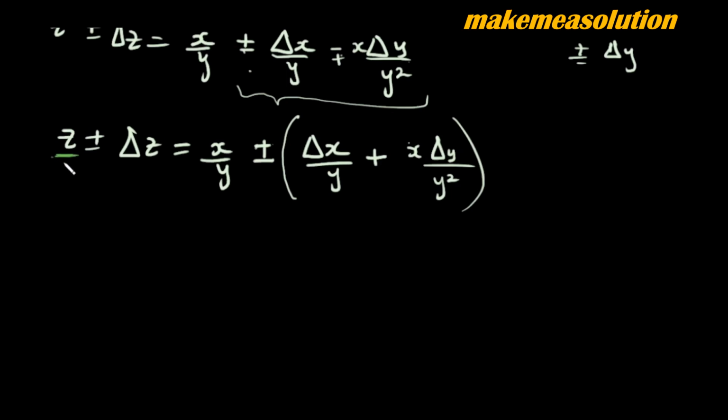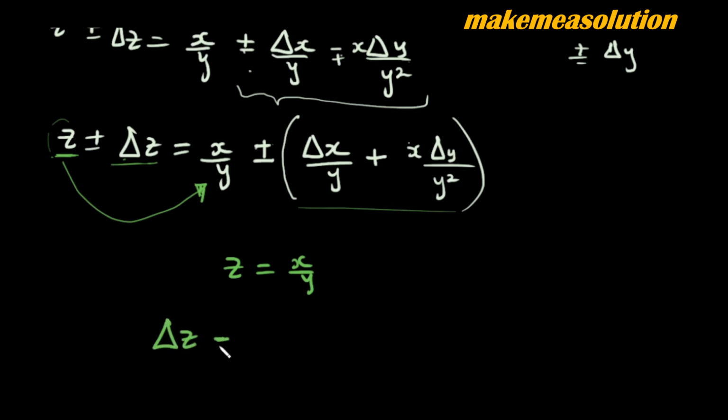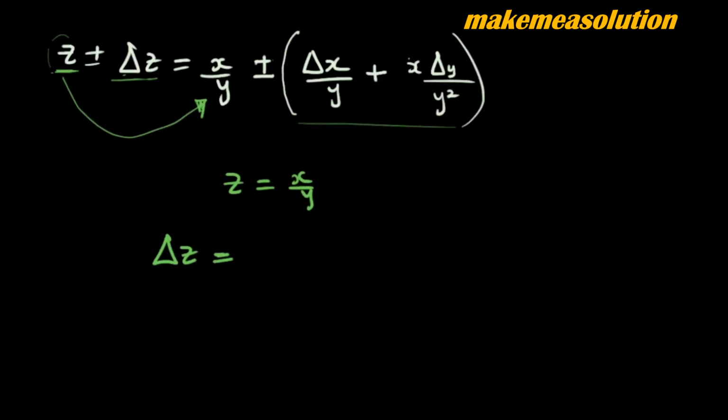If you compare the measurement part to the measurement part on the right hand side, you discover that z is equal to x over y. And if you compare the error part on the left to the error part on the right, you have that my delta z is equal to, and to establish more consistency, I'm going to use a modulus sign, the magnitude of this over here, then plus x delta y over y squared, like this.